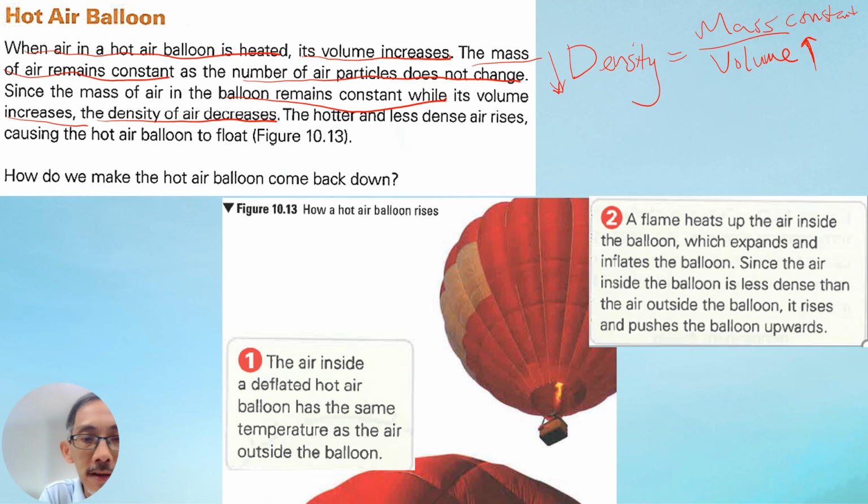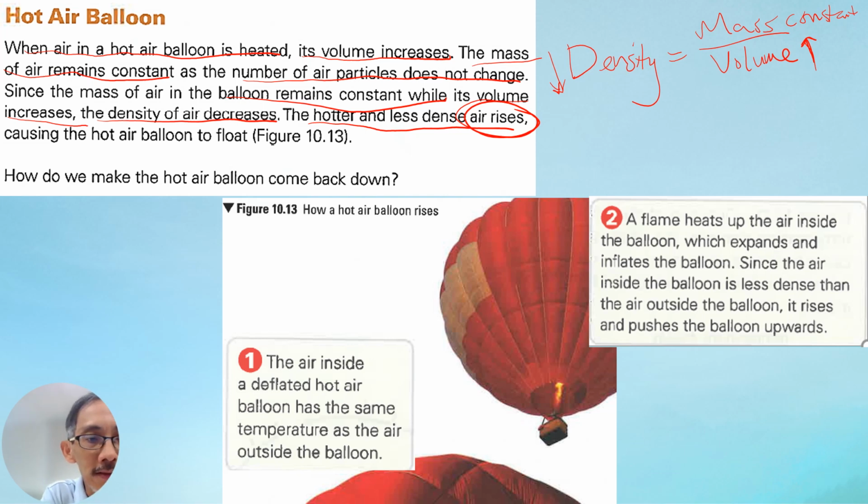So as you can see, when the density of the hot air has decreased, it means the air now is less dense, right? And what happened to any substance that has lesser density? The air will rise up, right? Less dense hot air rises.